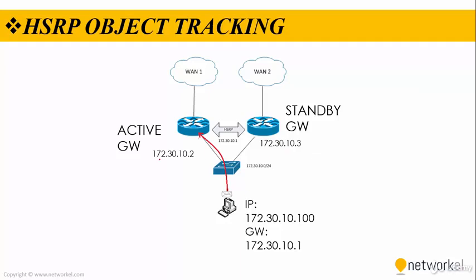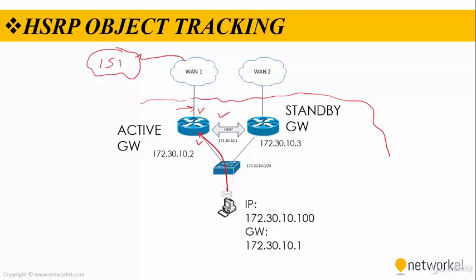Another thing that HSRP can do is object tracking. For example, let's say that I have no problem in this interface too, and everything is okay in my local area network. Here is my local area network. My router is working fine and there's no problem in this interface or this interface. Everything is okay, but there may be a problem on the ISP network.